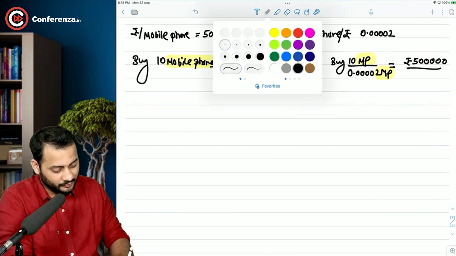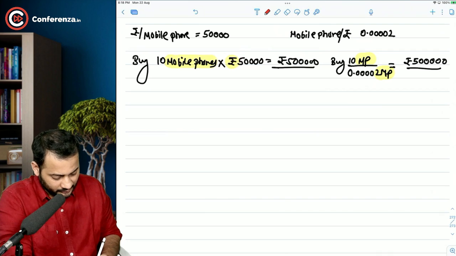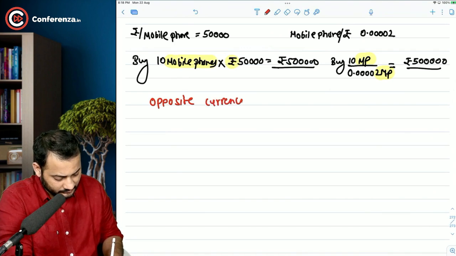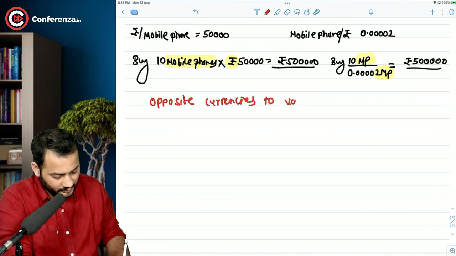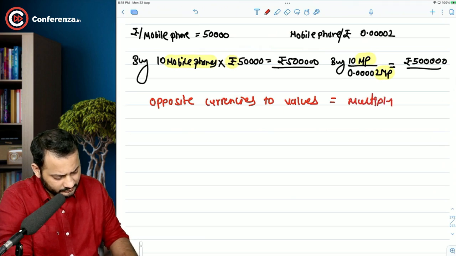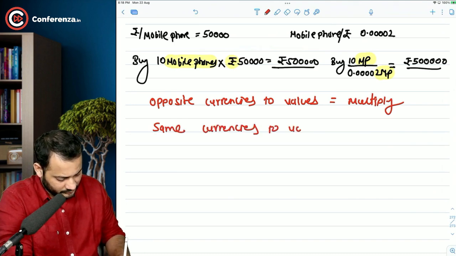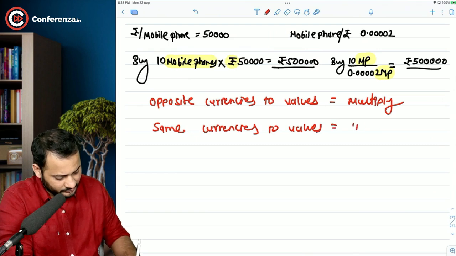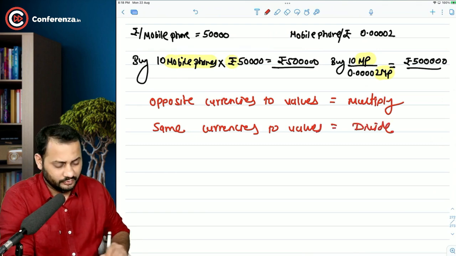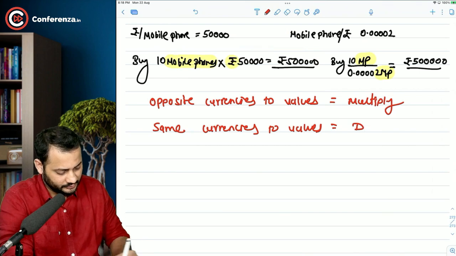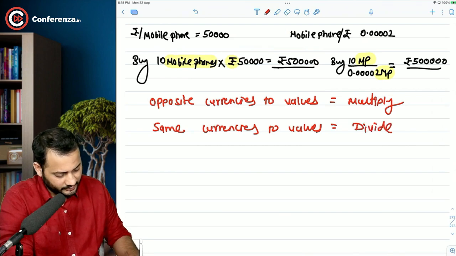So one thumb rule that I can come up with is: opposite currencies to values, then multiply, and same currencies to values, then what are we going to do? Divide. Understood? At that time we will divide.